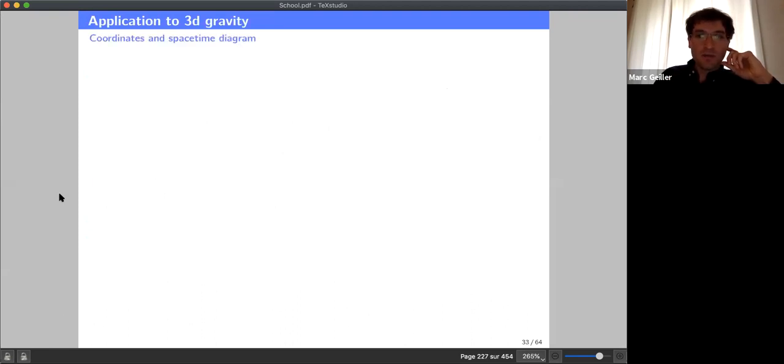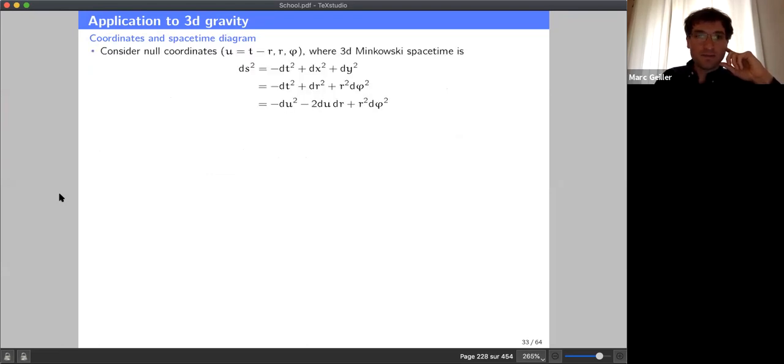So to set up Bondi gauge, we have to talk a bit about coordinates first. First, what I want to do is consider null coordinates. These null coordinates are just the usual retarded or advanced time coordinates. Here I take u to be t minus r, and I have a radial coordinate r and an angular coordinate phi.